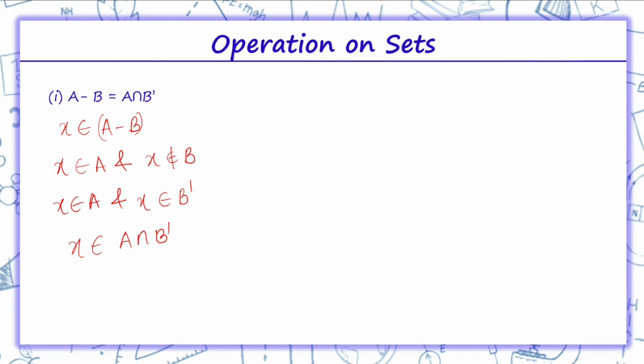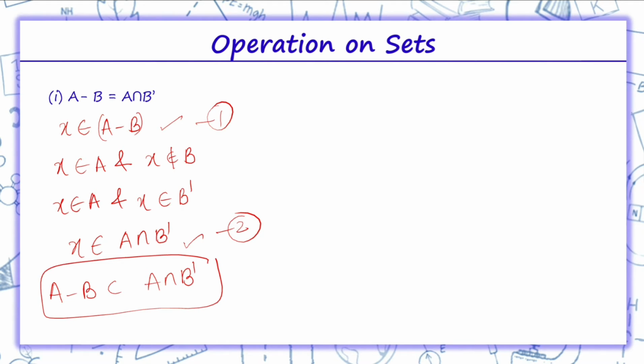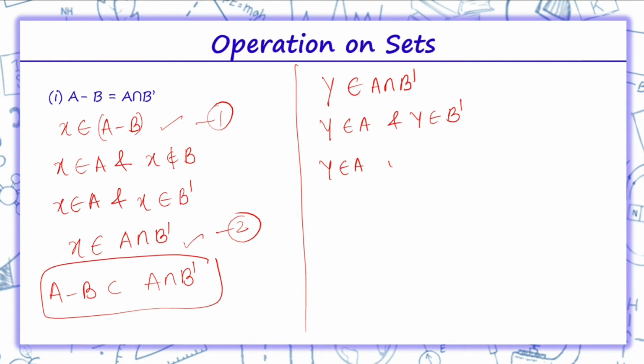As we have seen over here, X belongs to A minus B, and X belongs to A intersection B complement. So from the first and second equations we can write that A minus B is a subset of A intersection B complement. Now we take another arbitrary element Y, which belongs to A intersection B complement. So Y belongs to A and Y belongs to B complement. If Y belongs to B complement, it can be written as Y does not belong to B. Since it is 'does not belong', it indicates that a minus sign is there.